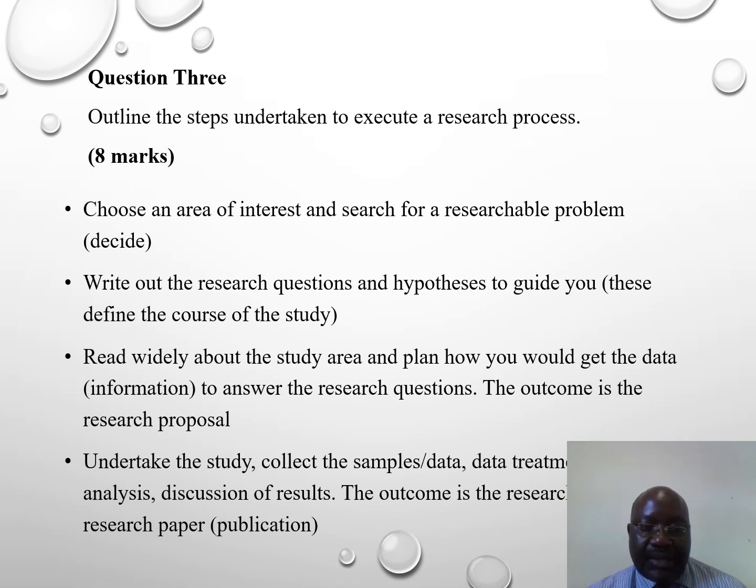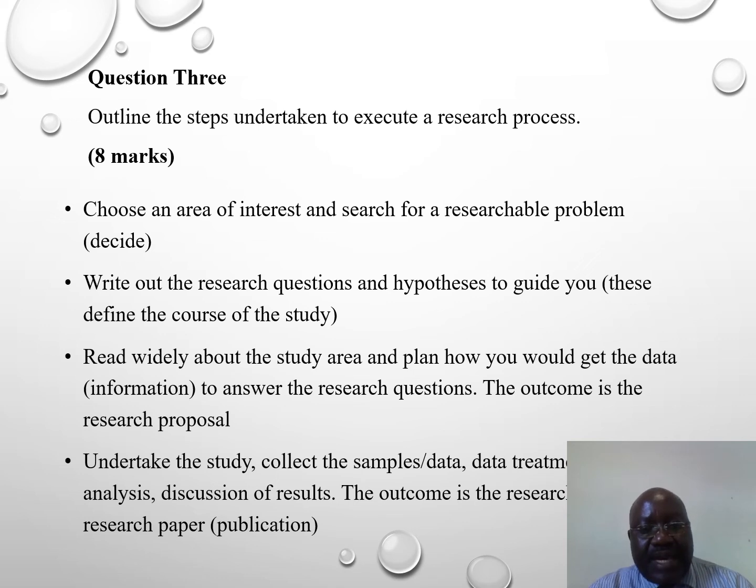In the other question, outline the steps undertaken to execute a research process. There are things that you are supposed to do sequentially. You choose an area of interest and search for a researchable problem. That is the part of decision; you are deciding on what to do.